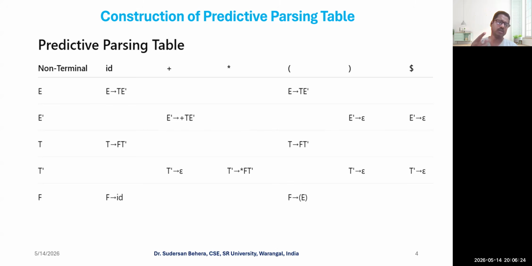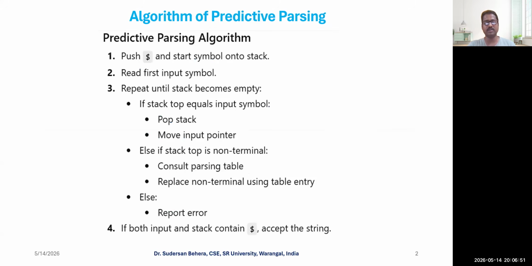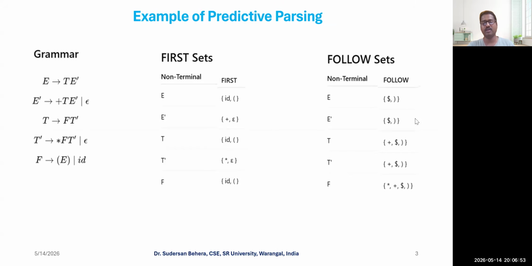Similarly, all the symbols are filled, but another case is also there. If the left hand side derives epsilon, then what do you have to do? If A derives epsilon is a production, then find the follow of A and add that production in the follow of A. So here you can see follow of E dash is already calculated in the previous slide. Follow of E dash is what?